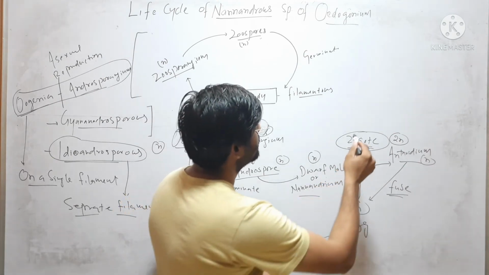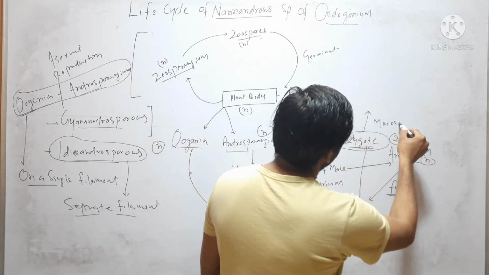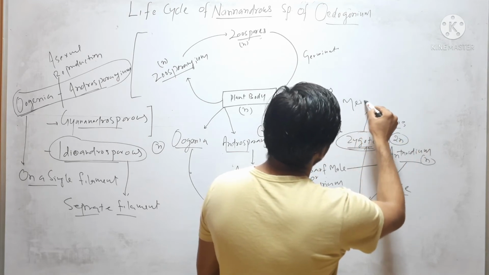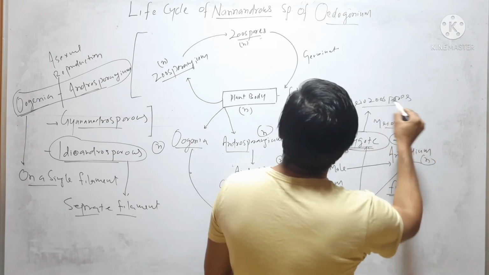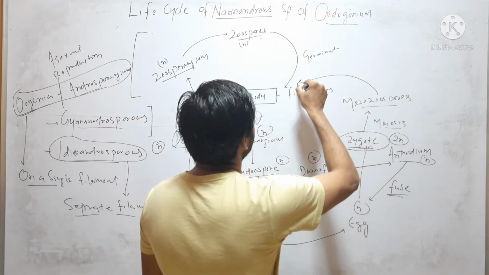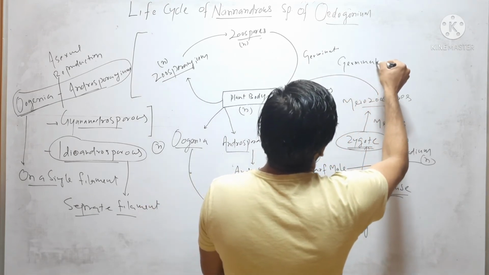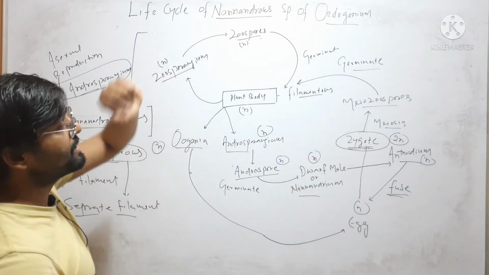This zygote then divides by meiosis and forms meiozoospores. These zoospores further will germinate and they will form plant body. So this is the life cycle of Nannandrous species.